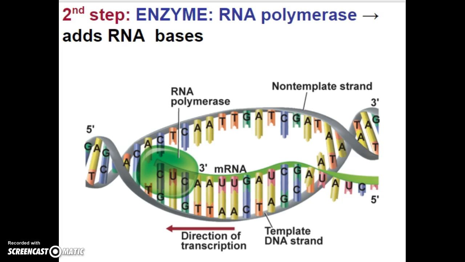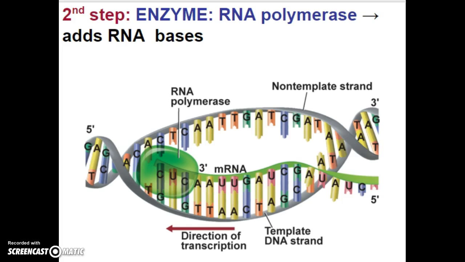After DNA helicase unwinds and unzips the helix, an enzyme called RNA polymerase will add RNA bases. So every time it sees a guanine on the other side of the DNA molecule, it's going to put down a cytosine. If it sees a thymine, it's going to put an adenine.